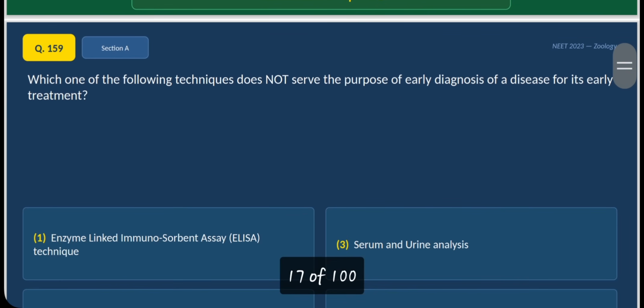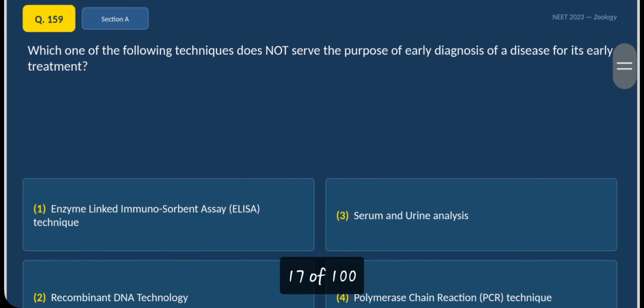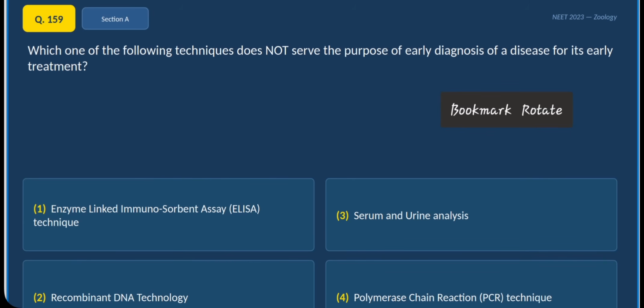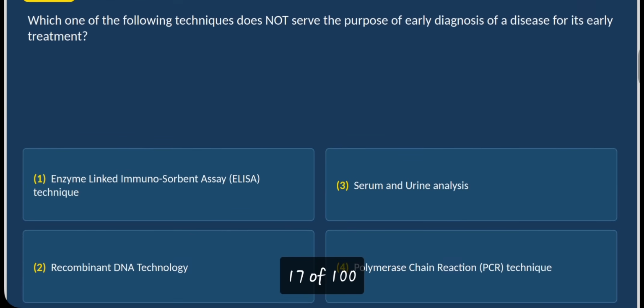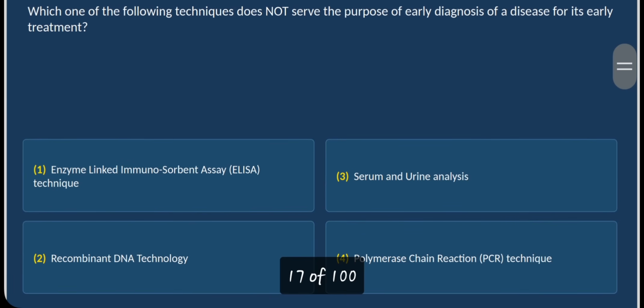Which of the following techniques does not serve the purpose of early diagnosis of a disease for its early treatment? So among these, which of them? I think serum and urine analysis doesn't give the early diagnosis, whereas the remaining ones give early diagnosis of disease and we could start the treatment early.